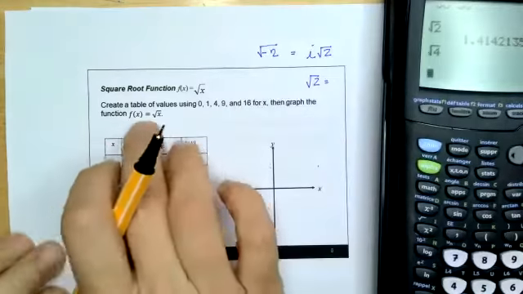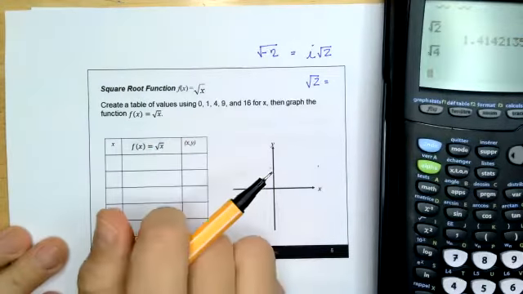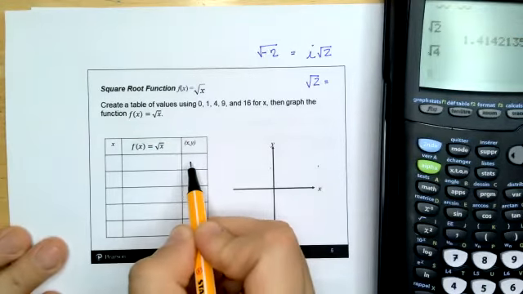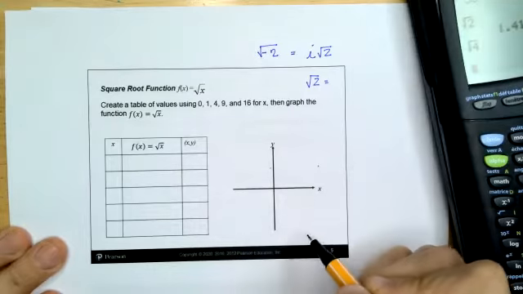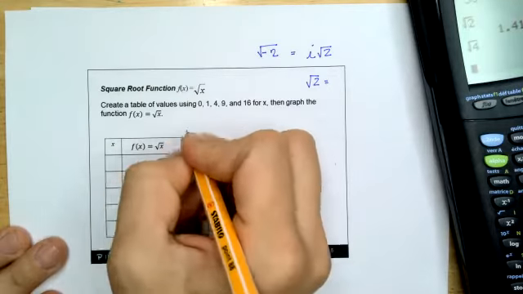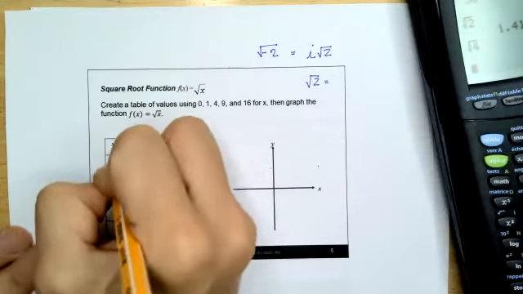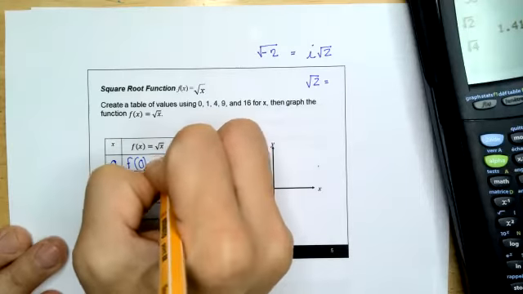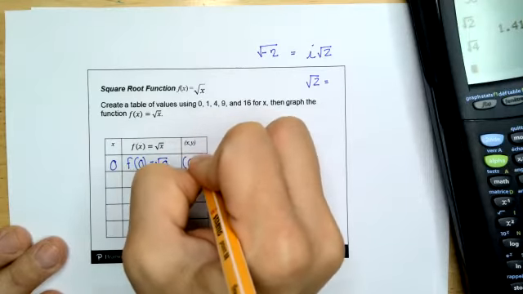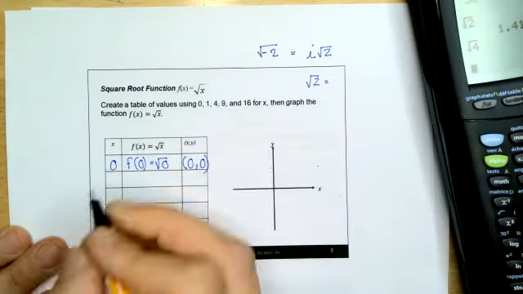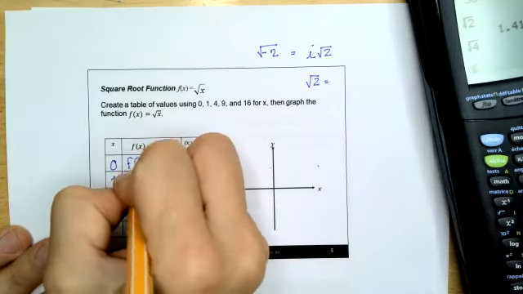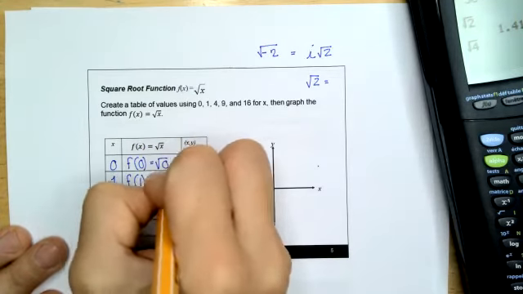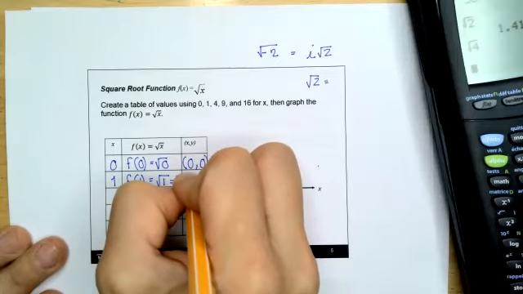So I'm going to use values that are perfect squares so that I get a nice point to graph. I don't get a decimal to graph. So I'm going to do 0 because the square root of 0 is 0. I'm going to do 1 because the square root of 1 is 1.